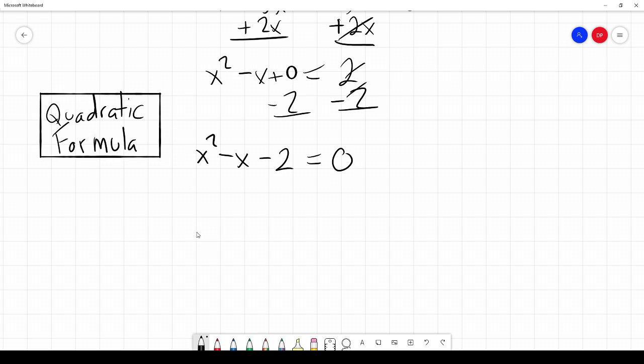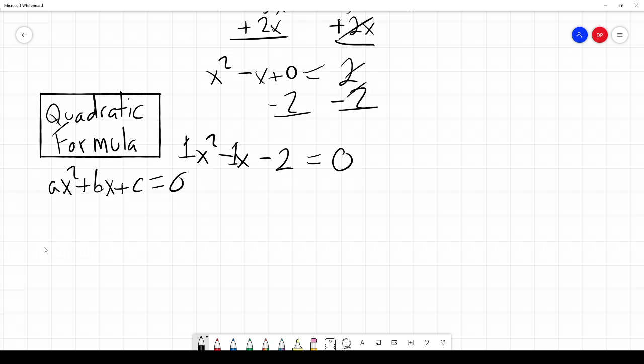You should have learned about this last year. Basically, I'll just give a very quick idea of what the quadratic formula is. So if you write it in this form here, a, b, and c are your coefficients. They're the numbers. So right here, our coefficients, a would be 1, b would be -1 actually, c would be -2. That's how you get those.